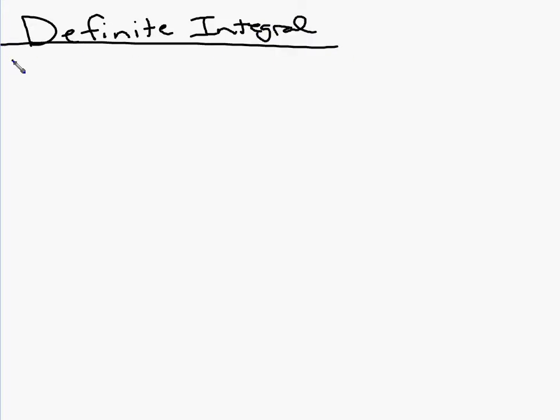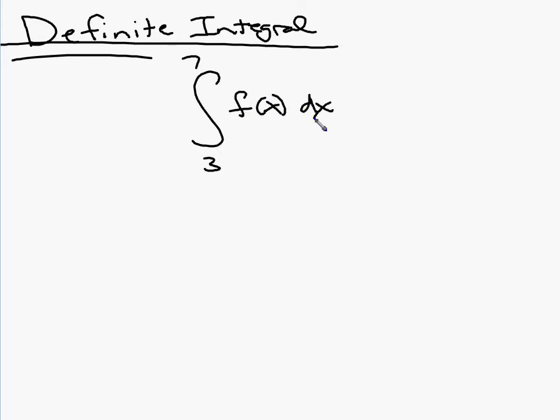We've been working the last week or so with the definite integral, where we have some limits of integration like 3 to 7 of some function. And we look at that function, whatever it is.